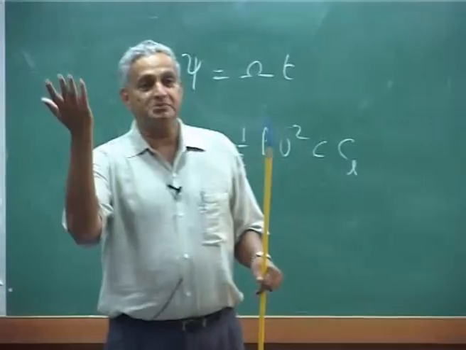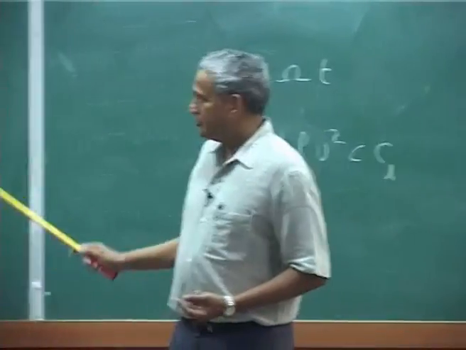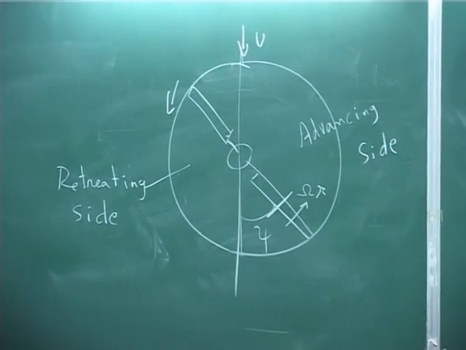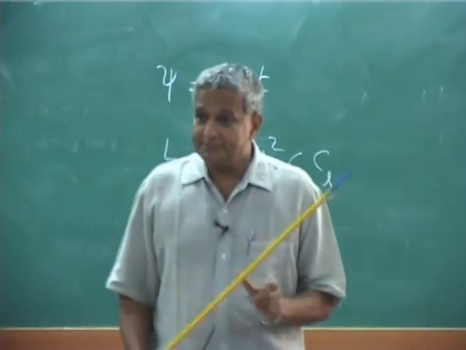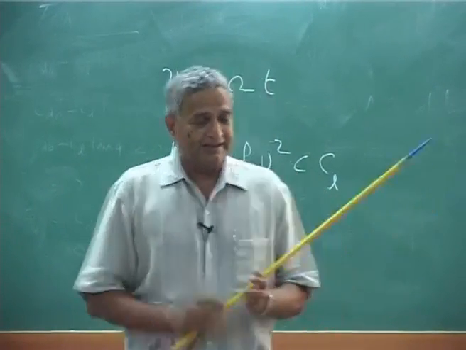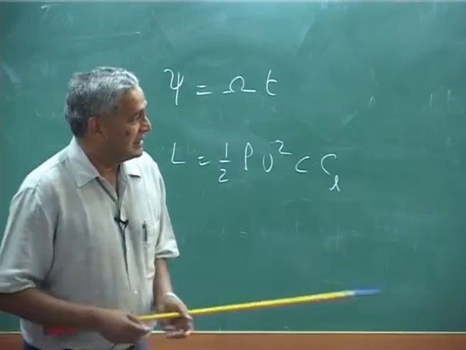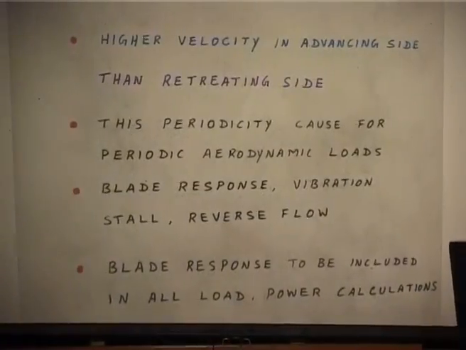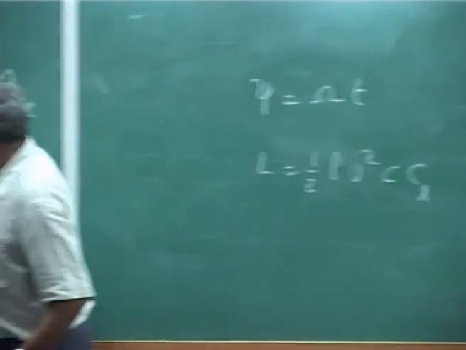Now, when you increase the pitch angle, you may also stall somewhere; that happens at some forward speed. So you will have dynamic stall as part of the aeroelastic problem. Then the other one I mentioned, reverse flow. You know that this flow is coming, this is omega r.